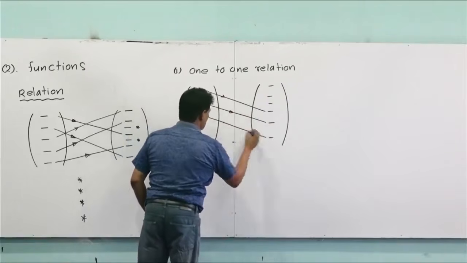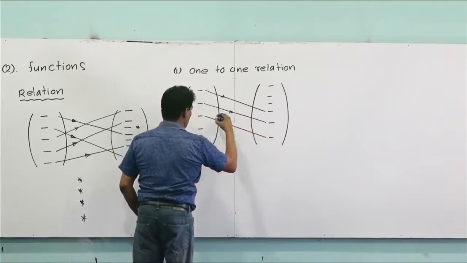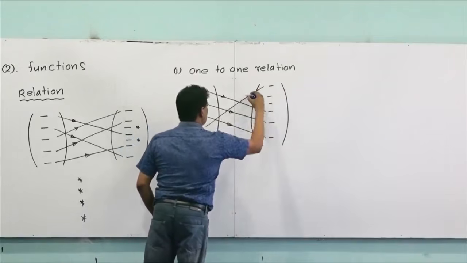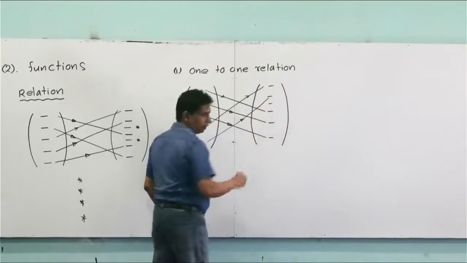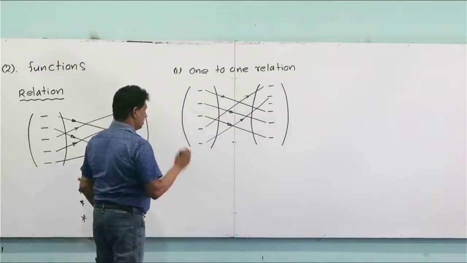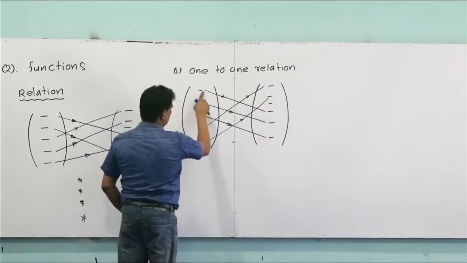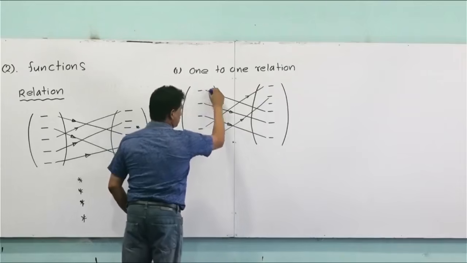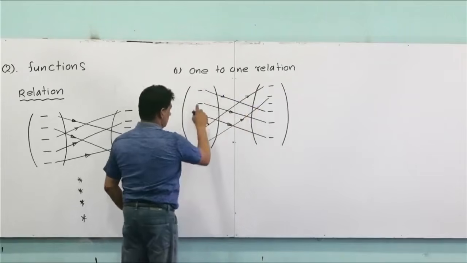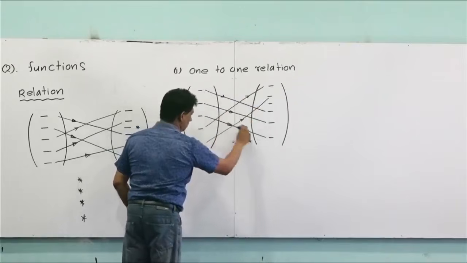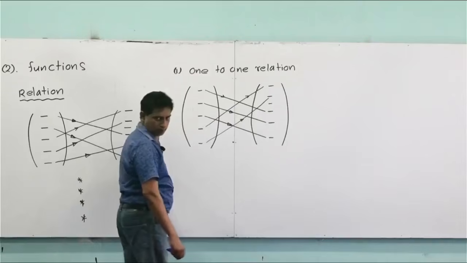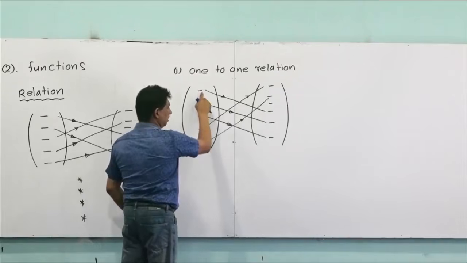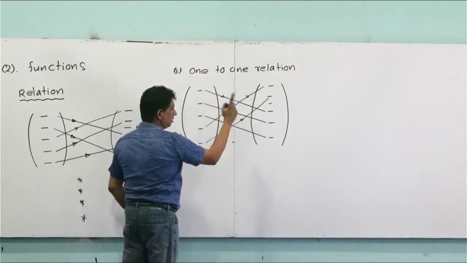And if we check any element of the second set, it is connected with only one element of the first set. This is the way we check. From this element there is one arrow, no? This element also one arrow, this one also one arrow. That means this element is connected with only one element of the second set.